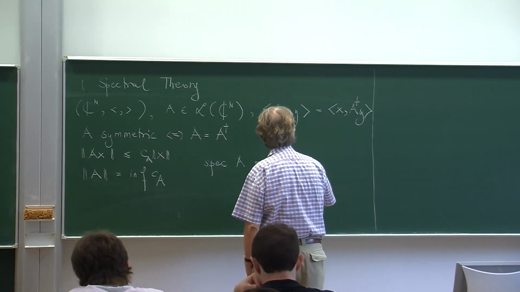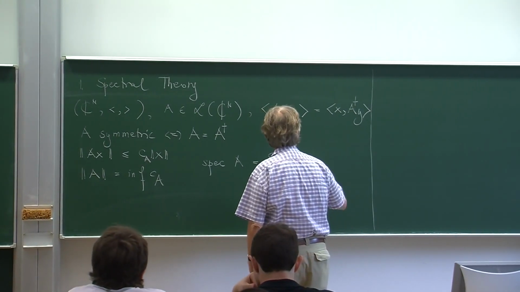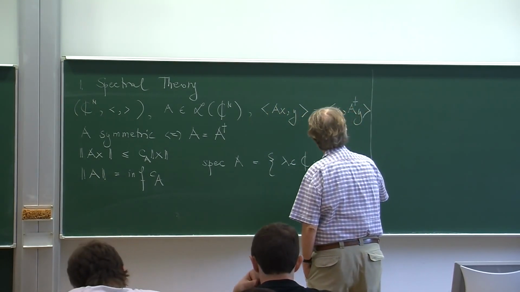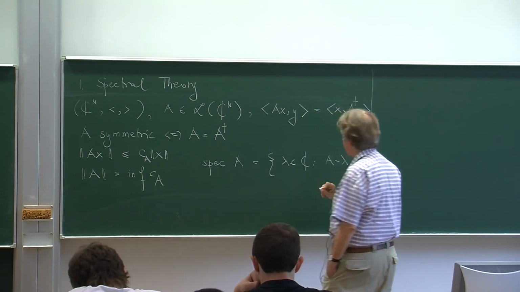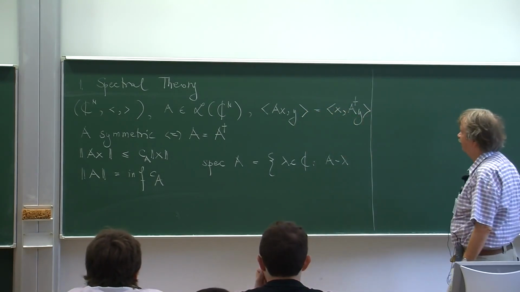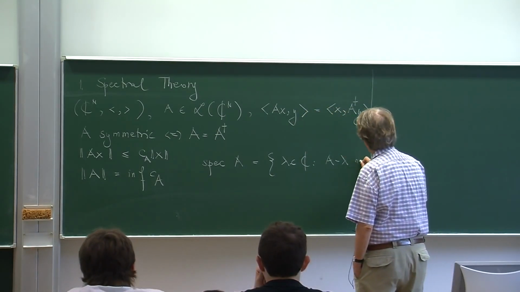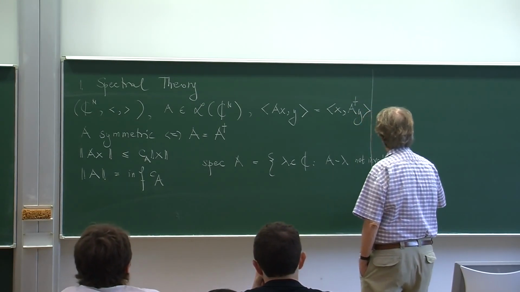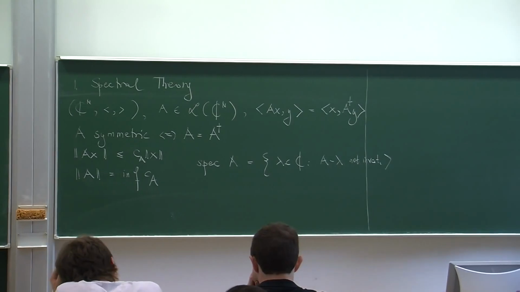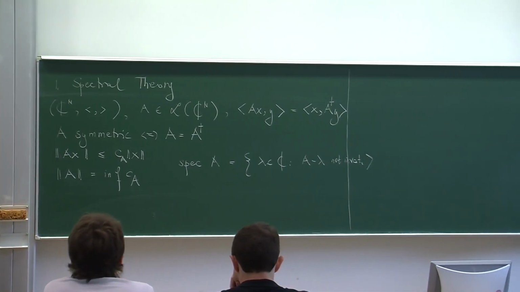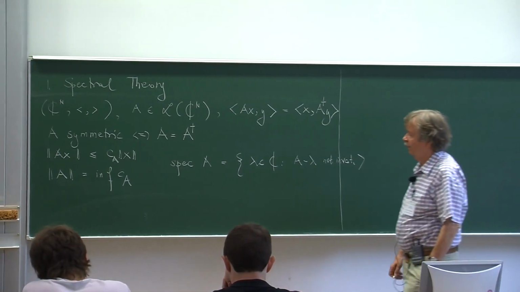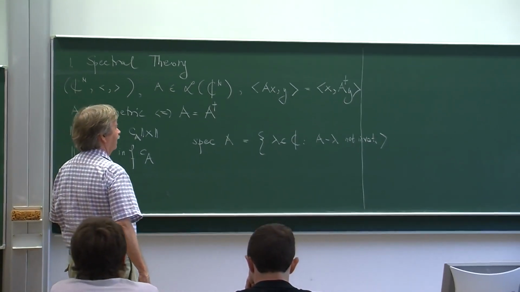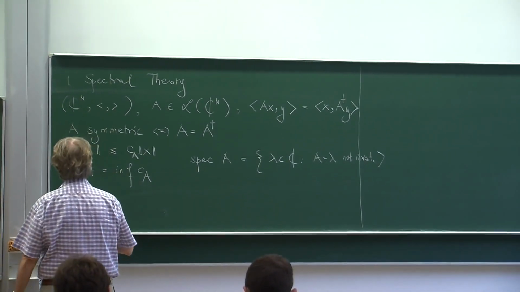It is the set of lambda in C such that A minus lambda, another endomorphism, is not invertible. What does it mean? Well, if it's not invertible, then it's also not injective.